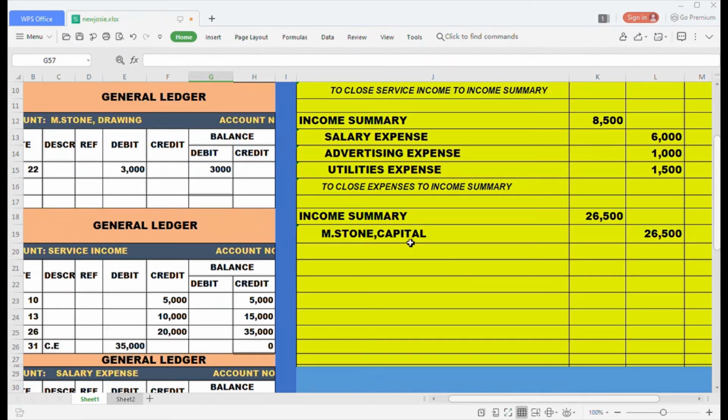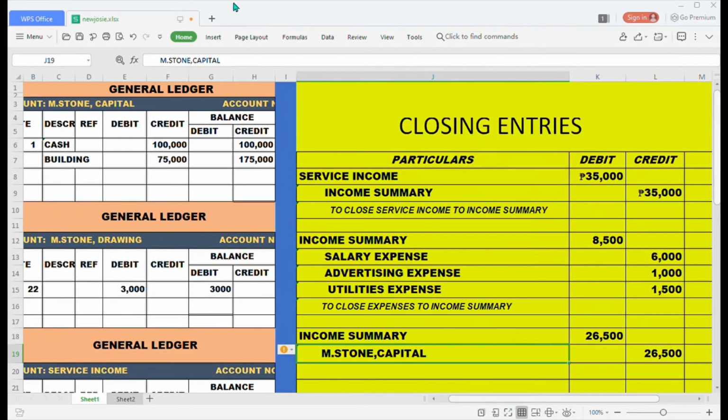All right. We have here the M-Stone Capital credit 26,500. M-Stone Capital. Okay, as you can see, my credit here 26,500, December 31, closing entries. Okay, 26,500. So how much is our balance here?